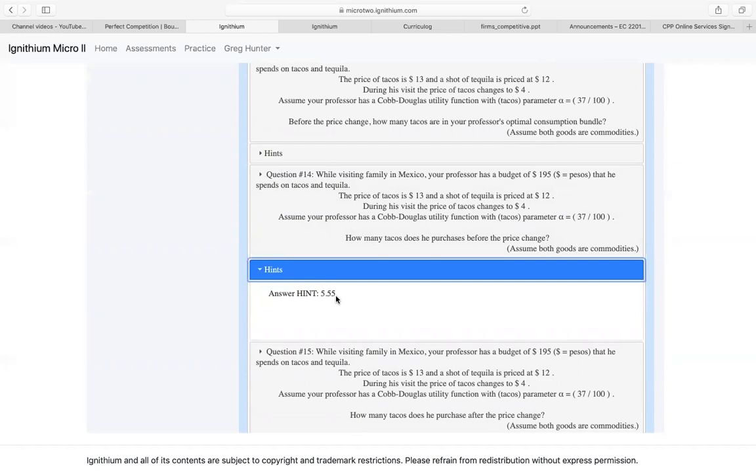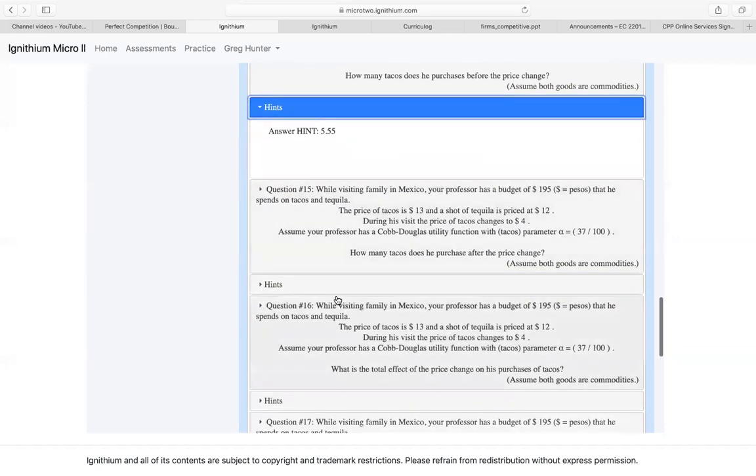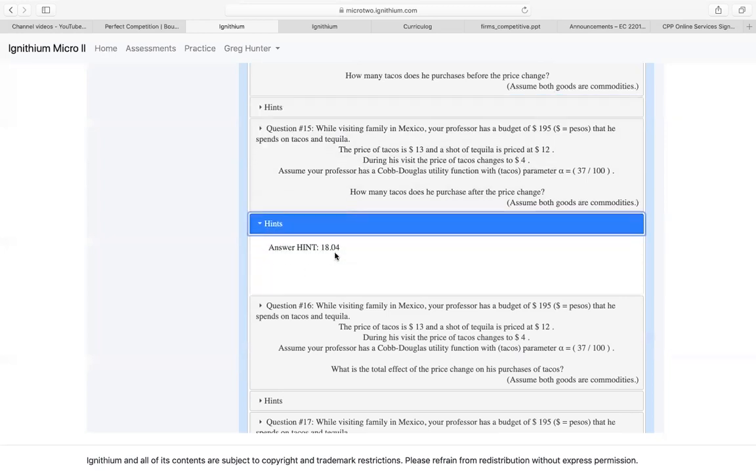Do you see what I mean, Sonica? Yeah. And then question 15 says, how many tacos does he purchase after the price change? This is with the price going down to 4, which should be more, and it's 18.04. Okay, so I'm on the right track, which is good.